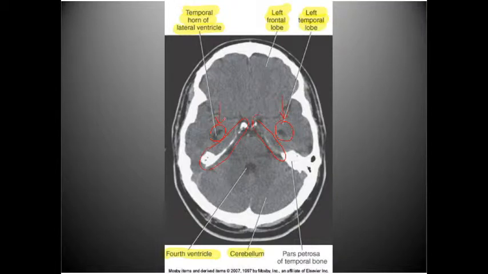This is the temporal horn of the lateral ventricle, and then we also have the fourth ventricle here. So this area is the cerebellum, and we can see this white structure being the tentorium cerebelli, separating the cerebrum from the cerebellum.